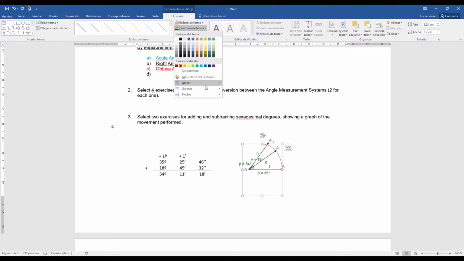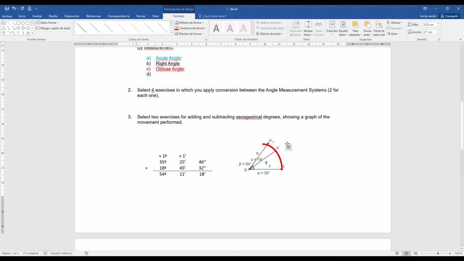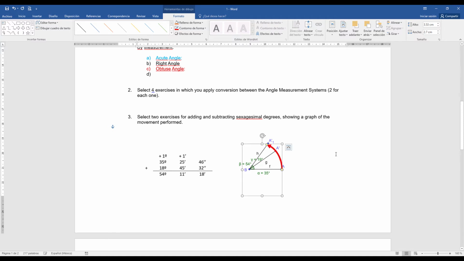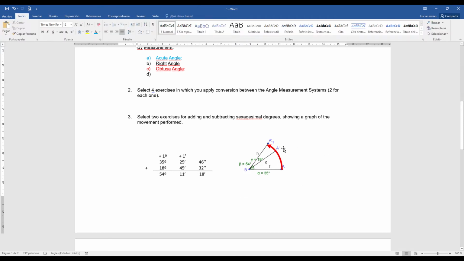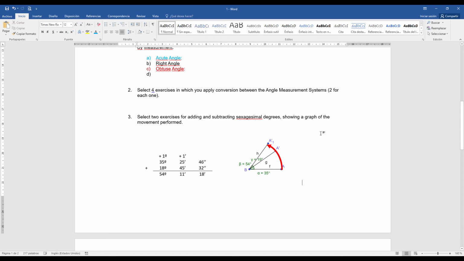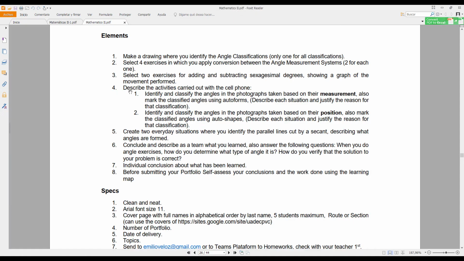If it is an adding, you will use that arrow. If it is subtracting, you will use that arrow to the other side. This is all. Okay, we continue.